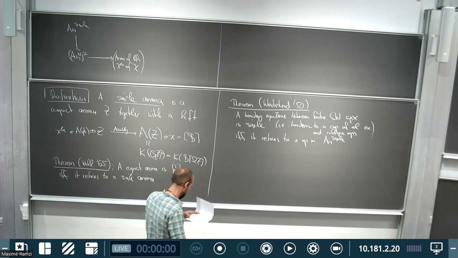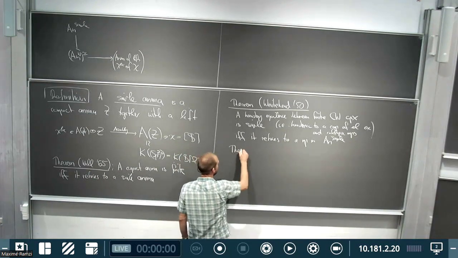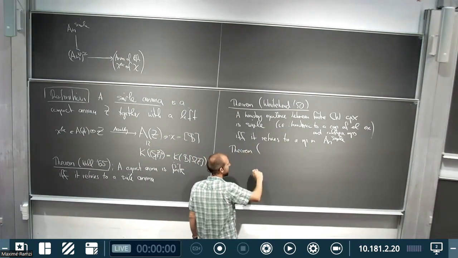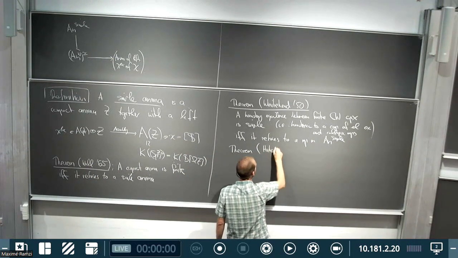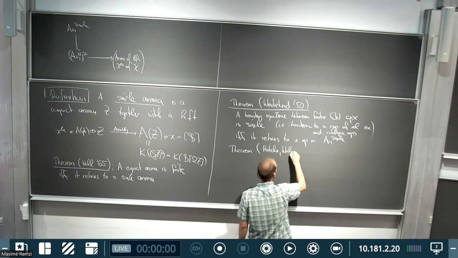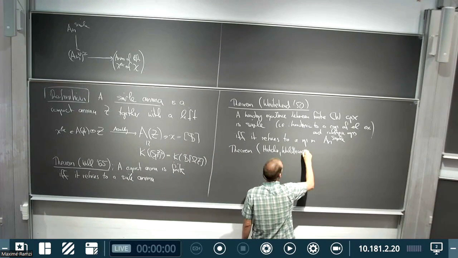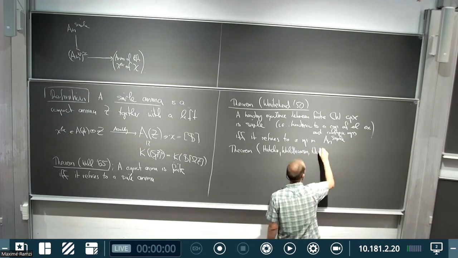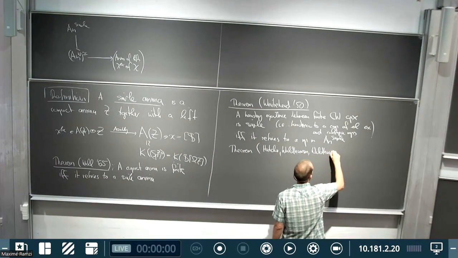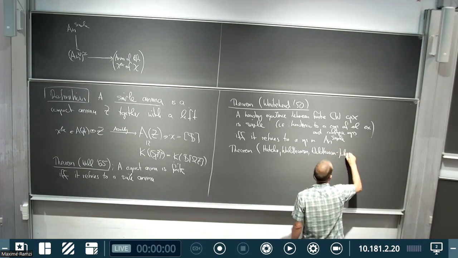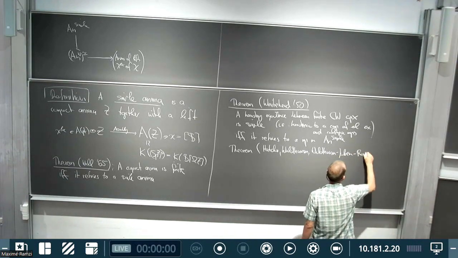And you can actually make a more general statement, and that's maybe a theorem of, it's a little bit hard to attribute, let's say Hatcher, Waldhausen, and then Waldhausen, Jahren, Rognes.